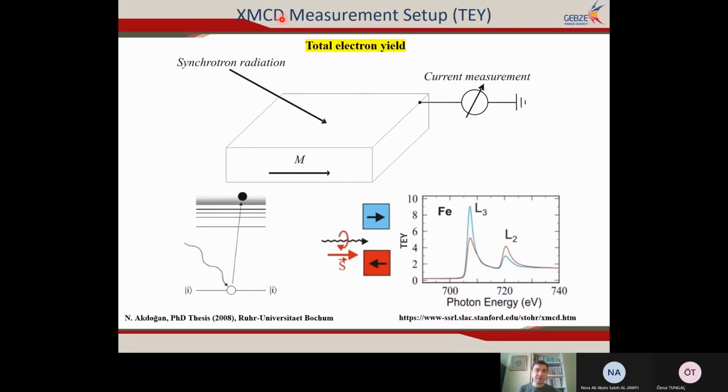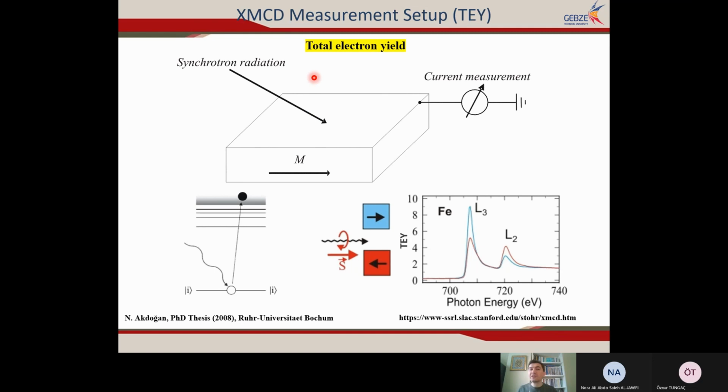When you send synchrotron radiation into your sample, you can produce these three absorption products. Each absorption product can be used in XMCD experiments as a different method.